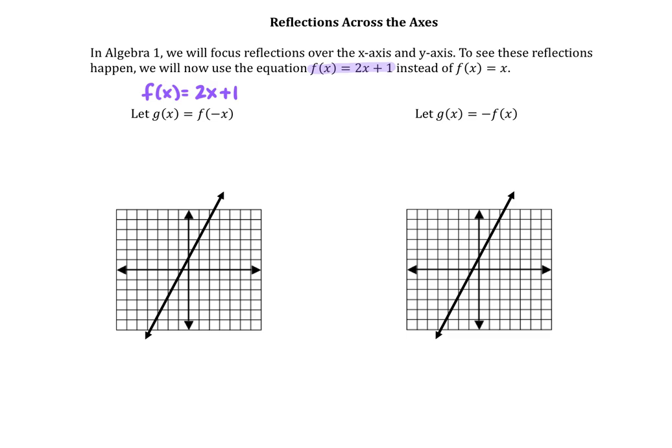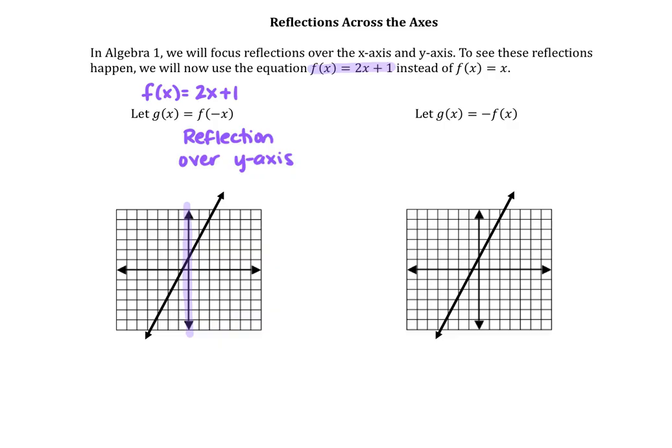Then I could type in on the second line, g of x equals f of negative x. This is going to show you a line that is actually a reflection, but it's going to be a reflection over your y-axis. And what this means is that every point is mirrored across this y-axis right here.